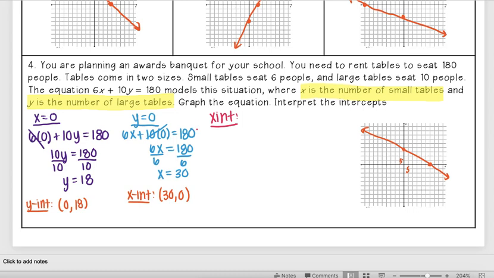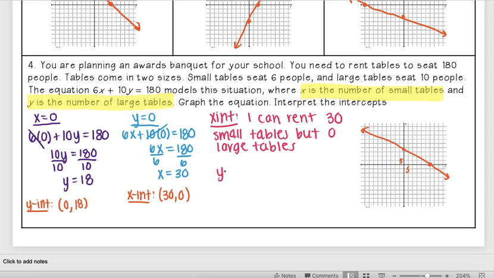So I can say I can rent 30 small tables, but 0 large tables. So if I were to rent out 30 small tables, that means no large tables. That is what this intercept is saying.